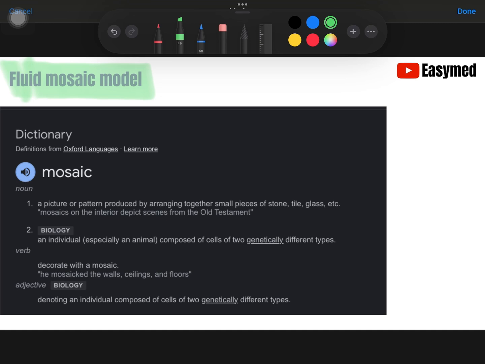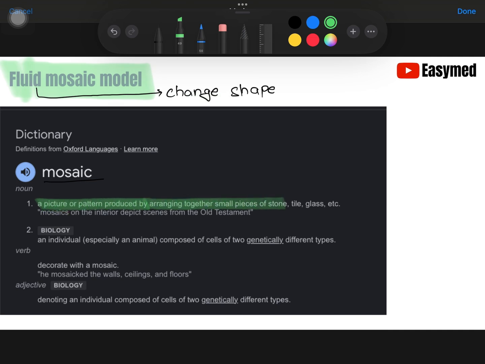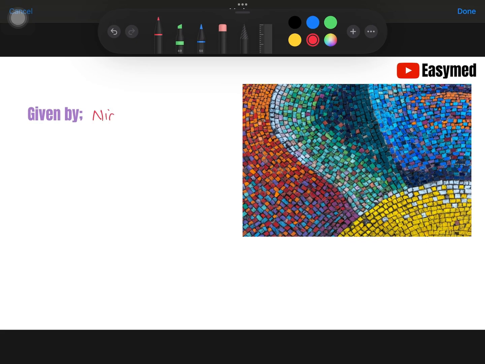And there is a model called fluid mosaic model of the cell membrane. It is called fluid mosaic because it can change shape, and the literal meaning of mosaic is a picture or pattern produced by arranging together small pieces of stone or tiles, as shown in this figure. So the cell membrane looks like this, and this model is given by Nicholson and Singer.